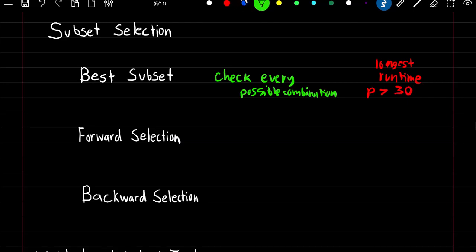Now, forward selection is the only one that can be used when you have more predictors than the number of observations, or when you just have a lot of predictors. But it's not going to check every possible combination, so it might not arrive at the best model.